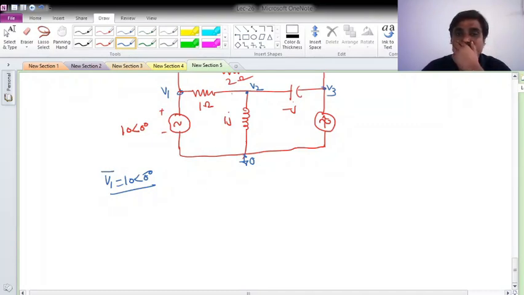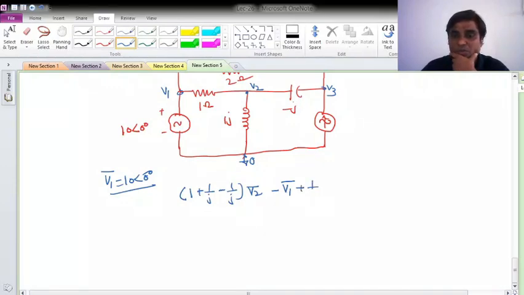Now let me write for node 2. It will be the sum of the admittances, right? So it will be 1 over 1 plus 1 over j, and this is plus or minus 1 over j V2 phasor, then the common element between node 1 with 2 is 1, so it is minus 1 by V1 phasor, then between node 2 and 3, it is minus 1 over j V3 phasor.